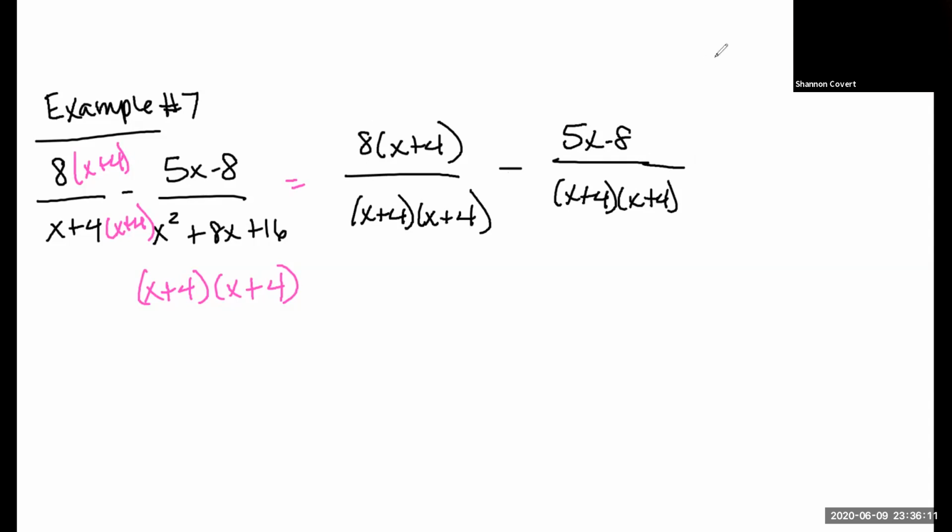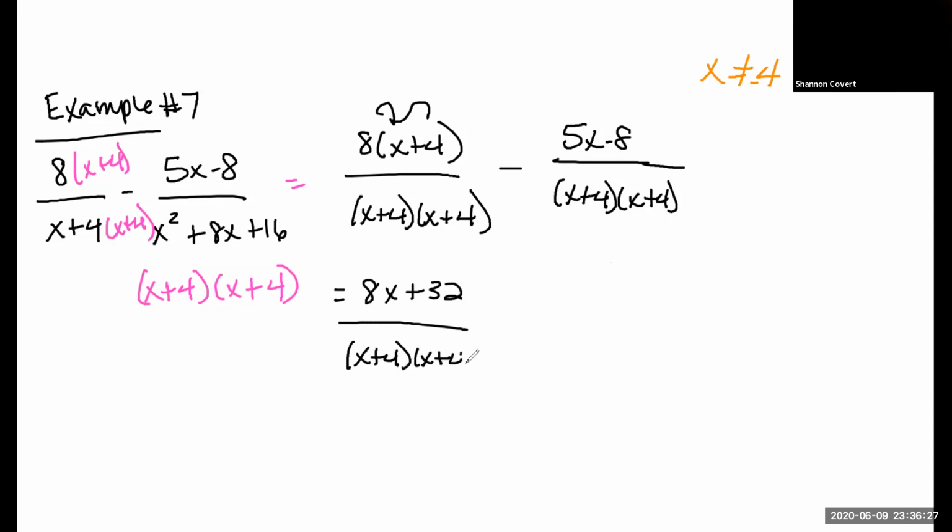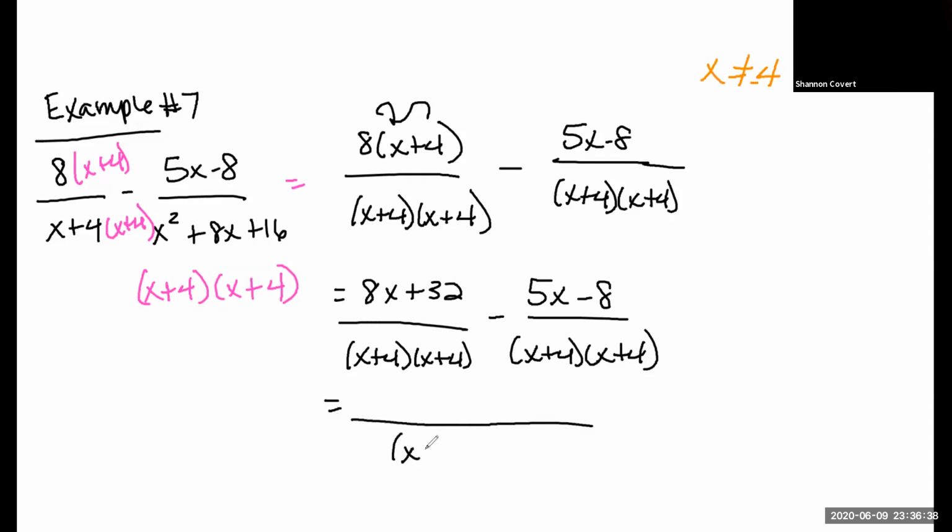Restrictions, x cannot be equal to a negative 4. Distribute, and I have 8x plus 32 over x plus 4 times x plus 4 minus 5x minus 8 over x plus 4 times x plus 4. Rewriting it as one big fraction with my denominator being x plus 4 times x plus 4, I have 8x plus 32 minus 5x minus a negative 8 is plus 8.